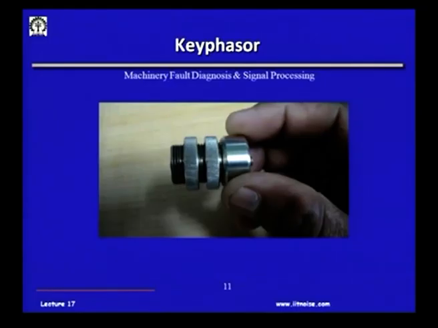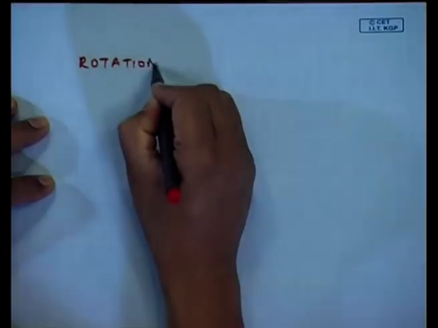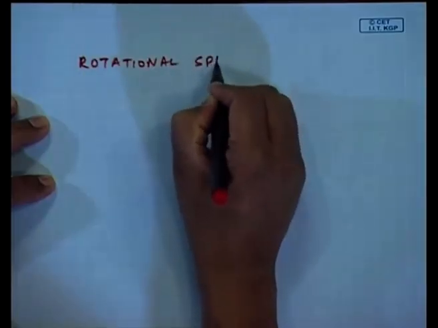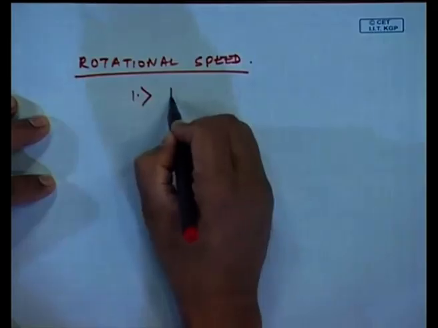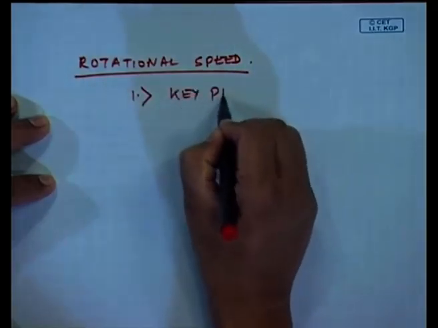Two important pieces of equipment are used to measure the rotational speed. So, one is the key phasor.